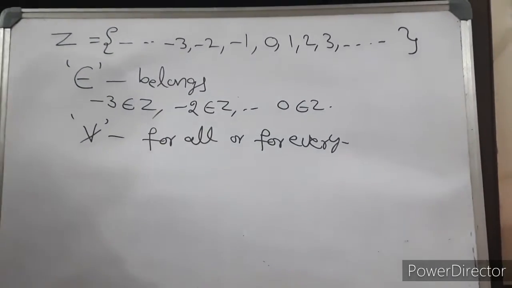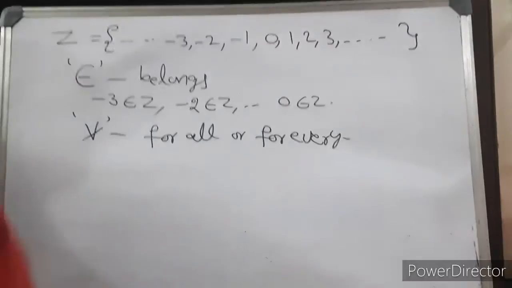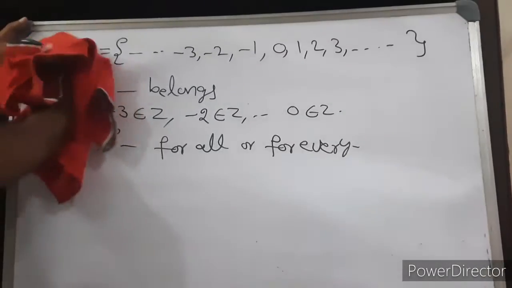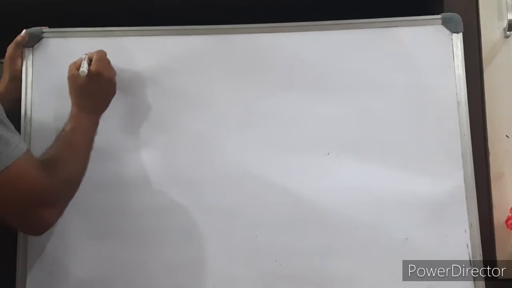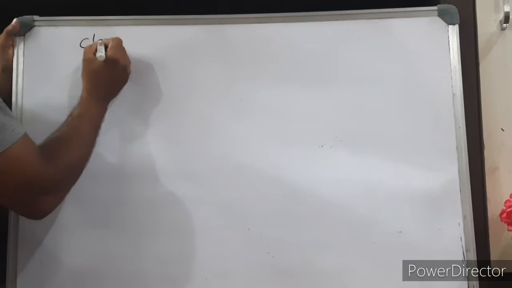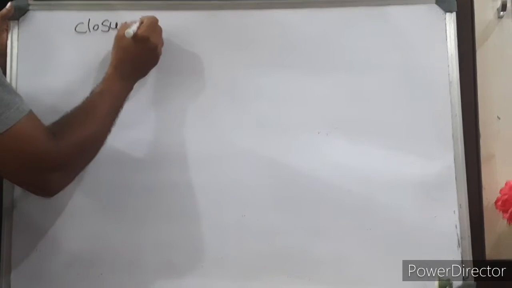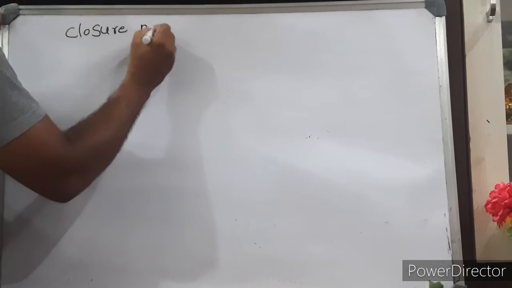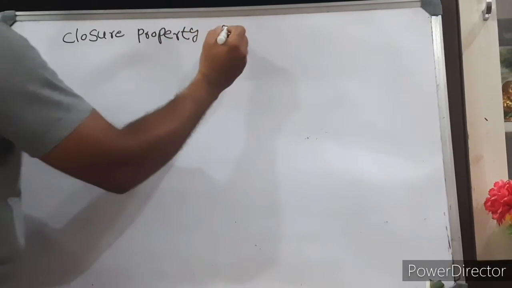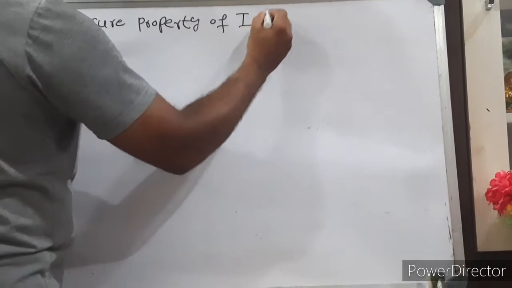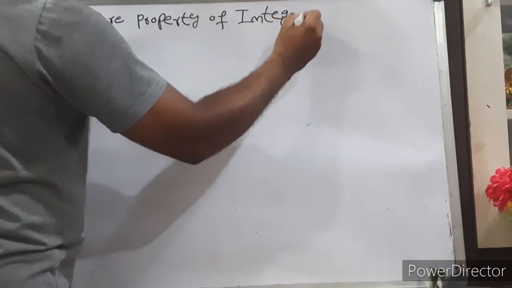So now we have to learn about properties of integers. That is the closure property of integers.